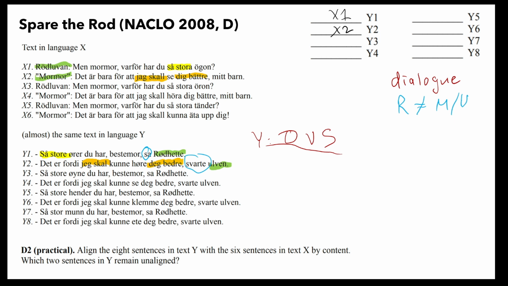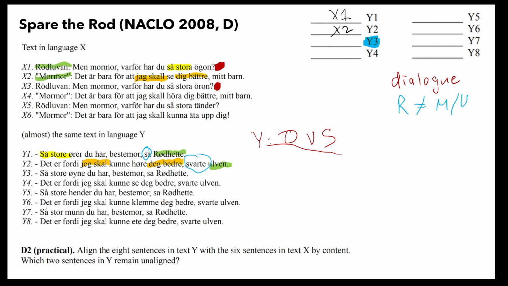Okay, next we're going to work on Y3. Men mormor, varfor har du sa stora oron. So, okay. Now we're noticing something else about these ending words. So it's saying ogon, oron, right? Let's see what it says over there.